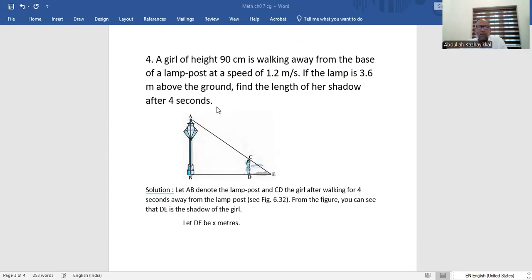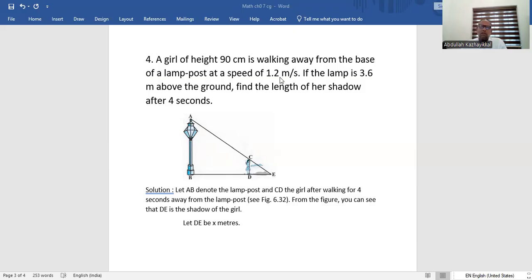Here is one confusion. Here centimeter is given. We have to change centimeter into meter. And here speed is given. The lamp is 3.6 meter above the ground. Find the length of the shadow up to 4 seconds. Walking away from the base of the lamp at a speed of 1.2 meter per second.